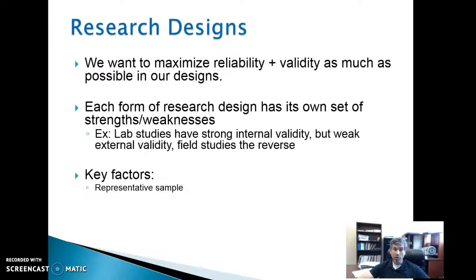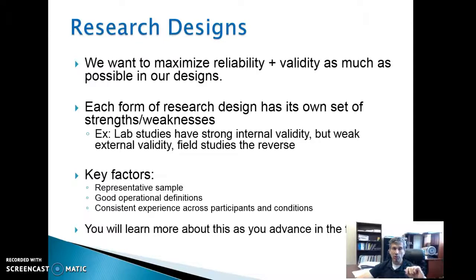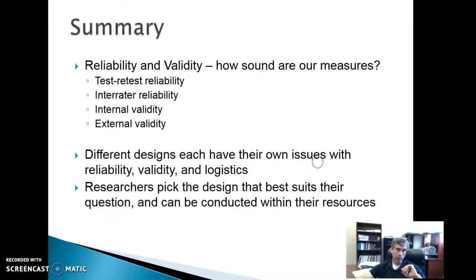Some consistent factors: get a sample that's as representative as possible. As we've already talked about, that's almost impossible to fully do, but make it as representative as you can. Make your operational definitions closely related to the construct as much as possible, and equalize everything that you possibly can. Everything should be equal across participants and conditions as much as possible, except for whatever independent variable you're manipulating.